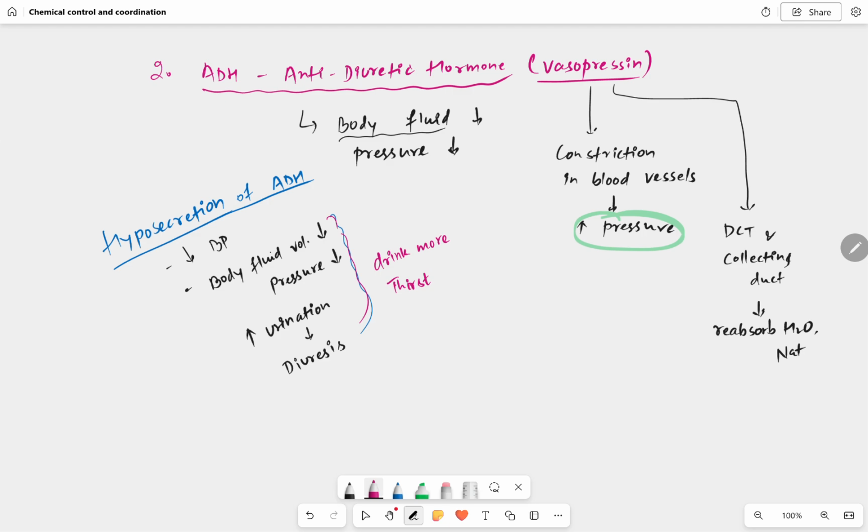Drink more, more urine, more drink, more urine, and that's why it is called diabetes insipidus. The more body fluid and pressure is reduced, the urine frequency is increased. To compensate that, drink more, increased thirst, and this situation is called diabetes insipidus.